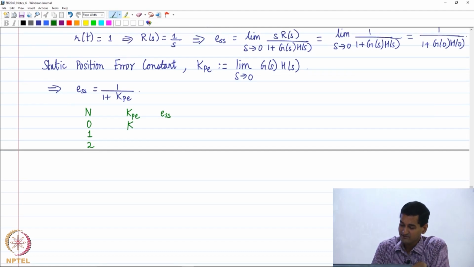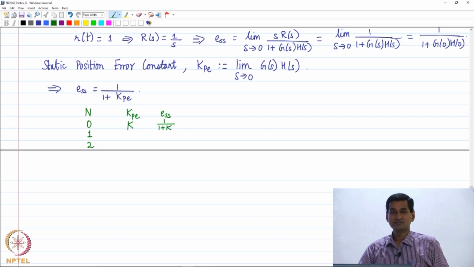We will encounter it later. As a result, the steady state error is going to be 1 divided by 1 plus K, okay. Is it clear how we got 1 divided by 1 plus K? Because KPE becomes equal to capital K.